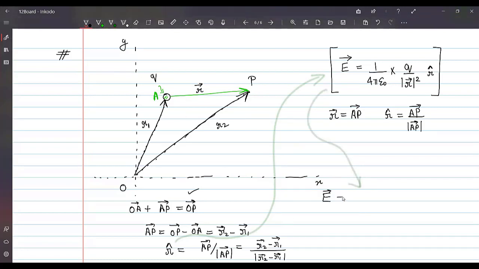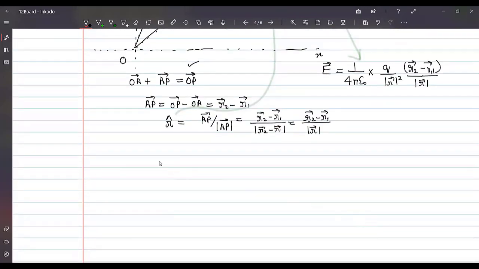E vector is 1 by 4 pi epsilon naught Q by R cap, which is R2 vector minus R1 vector, divided by mod of R squared. And this is just R2 minus R1 by mod of R vector. So this will give you mod of R vector cubed.